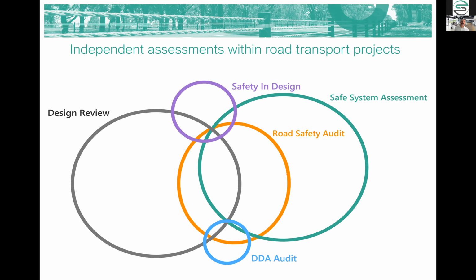Obviously for a major project, we're going to see all of these. For very minor projects, you may see one of these, but safe system assessments are slightly different. In our final module, the last module anyway, we'll delve into more detail about the specific differences, when you would do an audit and when you would do a safe system assessment, and how they all fit together.